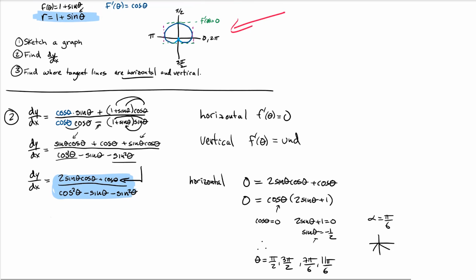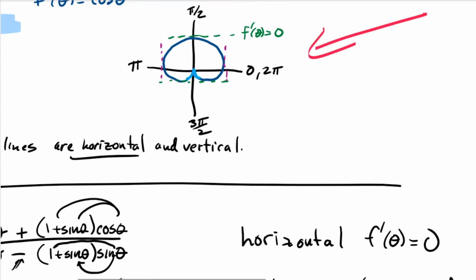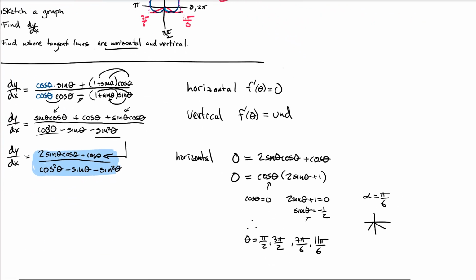So when we look at this, we're like, hey, we found out that it's pi over 2. Hey, that makes sense. We found 7 pi over 6. All right, that makes sense. 11 pi over 6. Yeah, that makes sense. But 3 pi over 2? That doesn't make any sense. These are suspects.